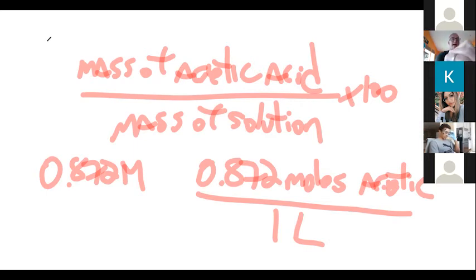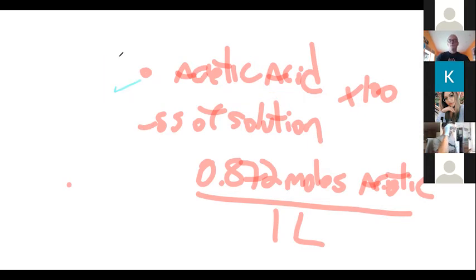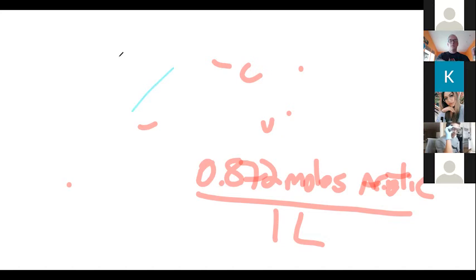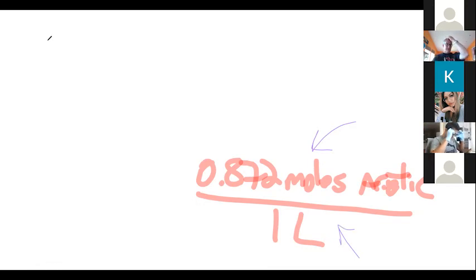How do I figure that out? So I need the mass of the numerator, and I need the mass of the denominator. How am I going to get the mass of the numerator?